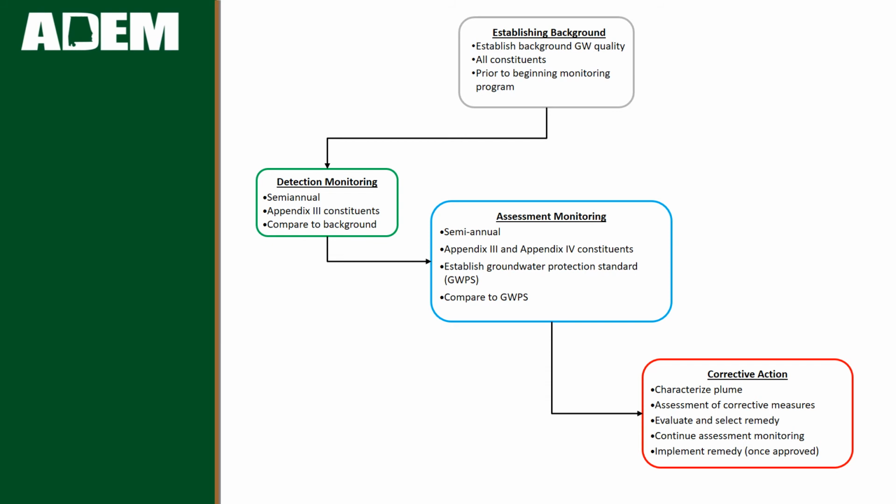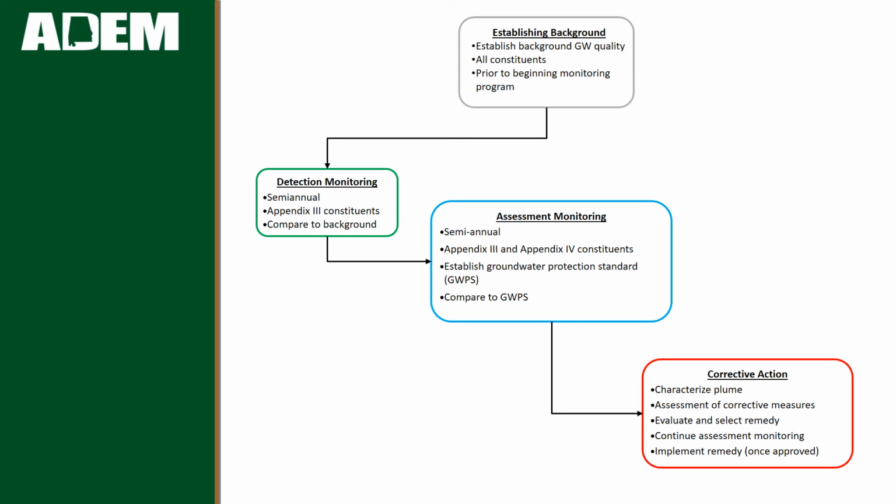Facilities must develop groundwater protection standards while in assessment monitoring. In a lot of cases, the groundwater protection standards are set at the MCL. However, there are 4 parameters listed in Appendix 4, cobalt, lead, lithium, and molybdenum, for which EPA finalized specific values to be used as the groundwater protection standard.